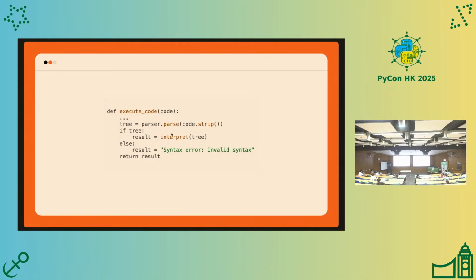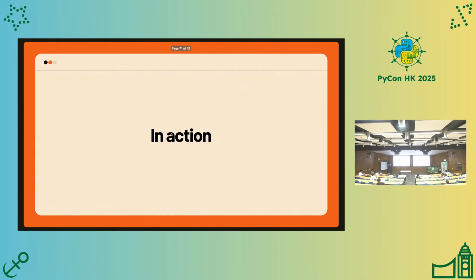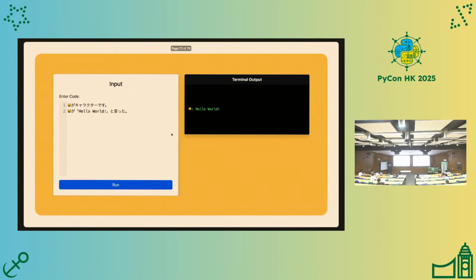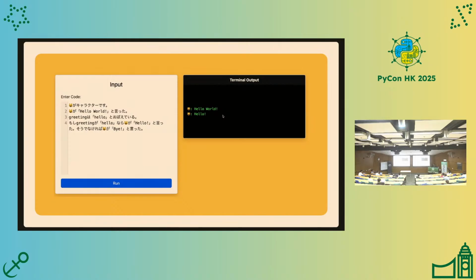Now that we have created every component needed to make a domain-specific language, we're going to see some action. This is me defining that cat is a character, and then I print hello world. This is basically how my terminal looks. In another one, if I did not define that cat is a character, it says this is an undefined character. Here is other syntax that I have.